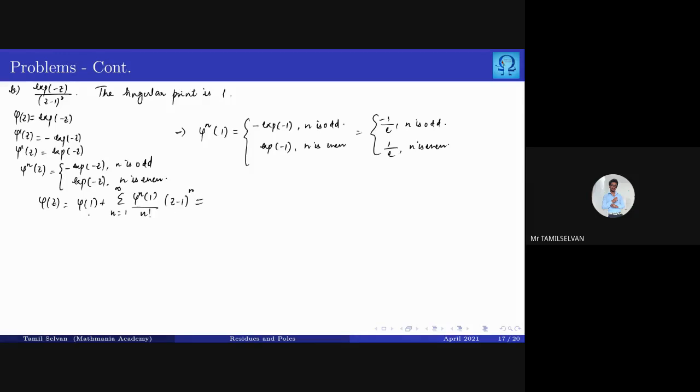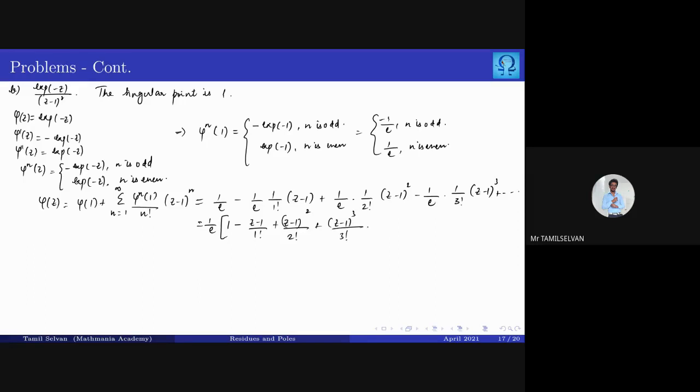So that is 1 upon e, minus 1 upon e multiplied with 1 upon 1 factorial z minus 1, plus 1 upon e multiplied with 1 upon 2 factorial z minus 1 squared, minus 1 upon e multiplied with 1 upon 3 factorial z minus 1 cube, plus etc. We can take 1 upon e outside, so it is 1 minus z minus 1 upon 1 factorial plus z minus 1 whole squared upon 2 factorial minus z minus 1 whole cube upon 3 factorial.